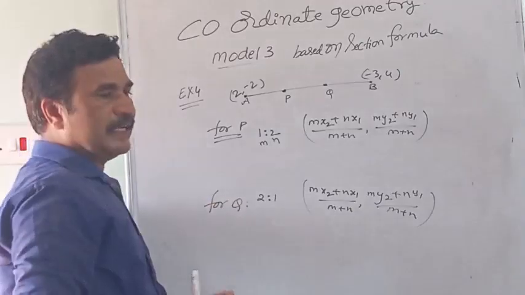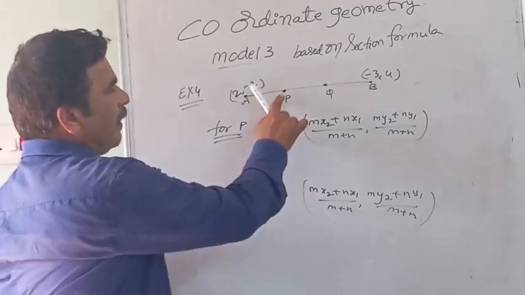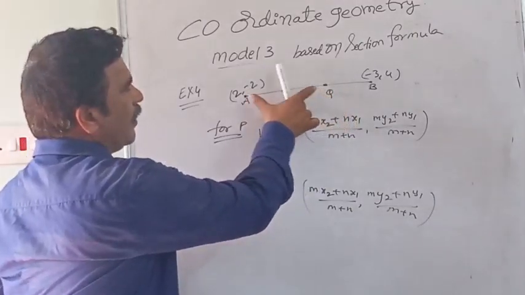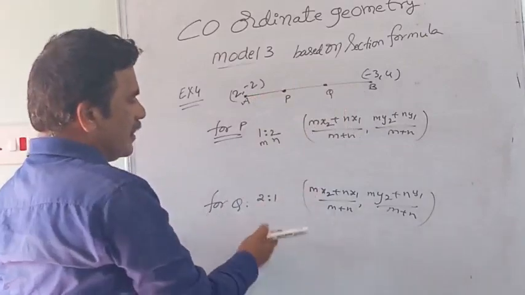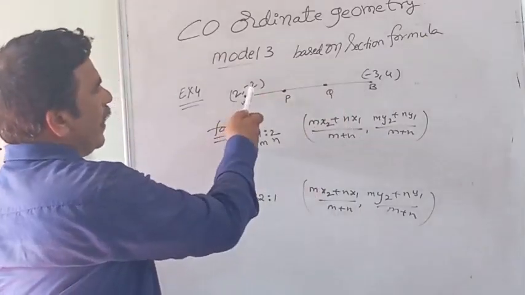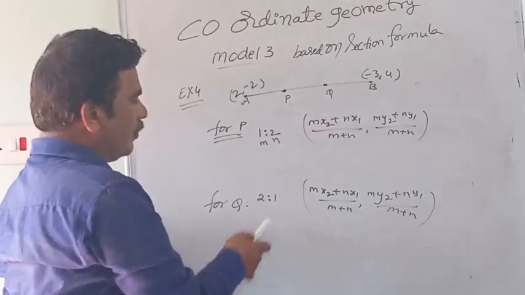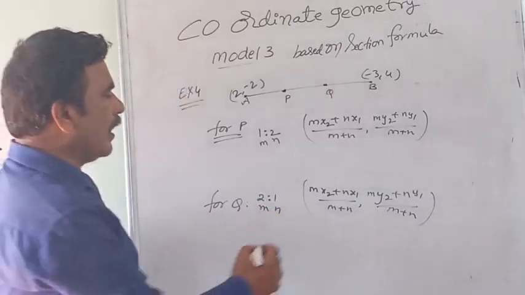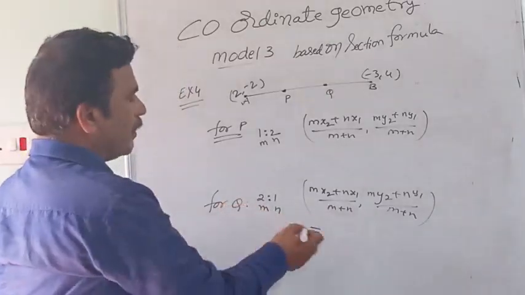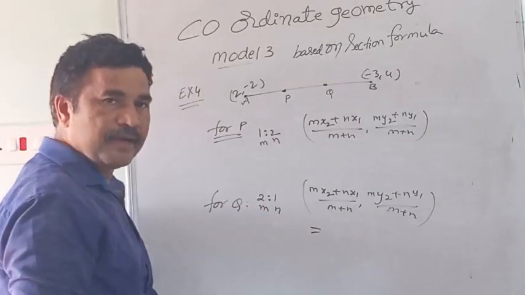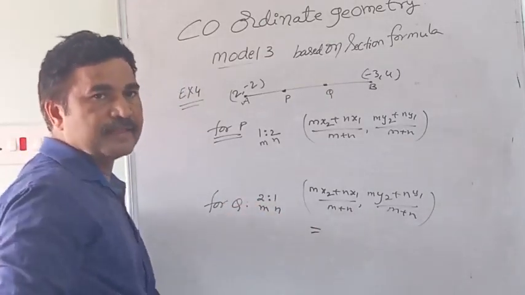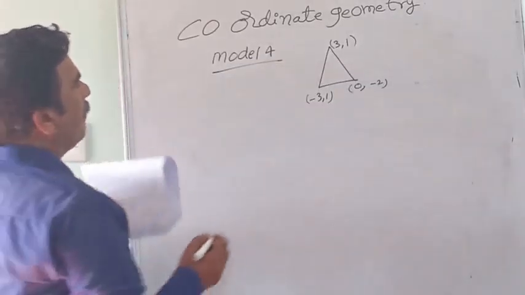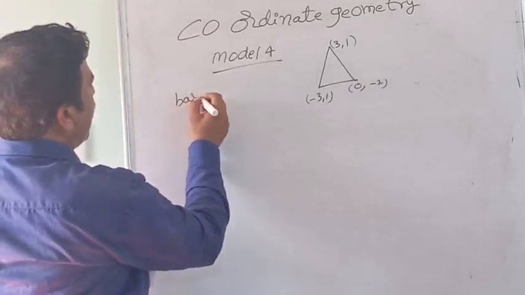Only that is the change. Ratio difference. For P we are finding 1 part here, 2 parts here. For Q, 2 parts here, 1 part here. Just substitute the values x1, y1, x2, y2 and this is m, this is n. You will get the values for point Q. You can do it easily. Substitution.